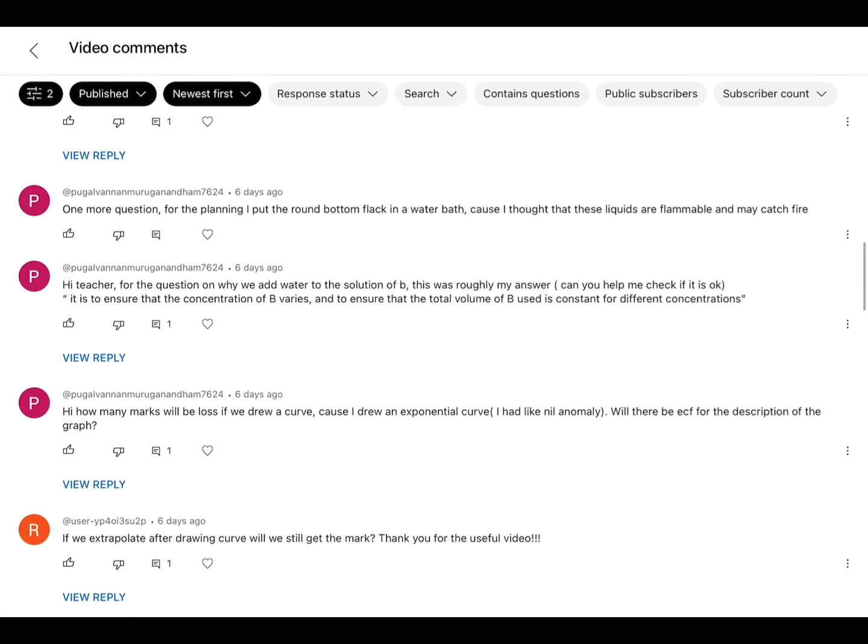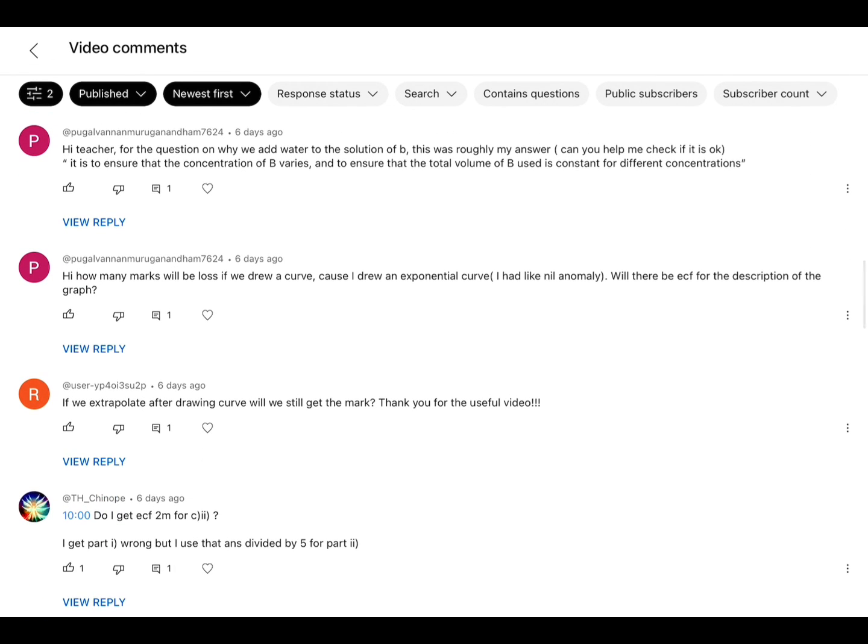Another popular comment or question is asking whether the answer where you add water simply to change the concentration of B would be accepted. For that, I am not sure. Personally, I don't think that's a good enough answer, because by simply varying the volumes of B used, you are already changing the concentration.